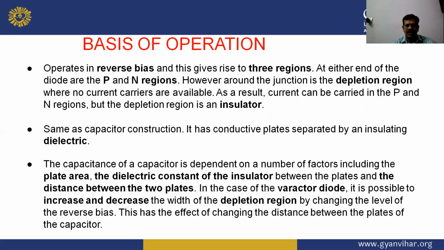So we know that in the depletion region there are no charge carriers available. As a result, current can be carried in the P and N regions, but the depletion region is an insulator because there is no flow of charge carriers. So the depletion region behaves as an insulator.